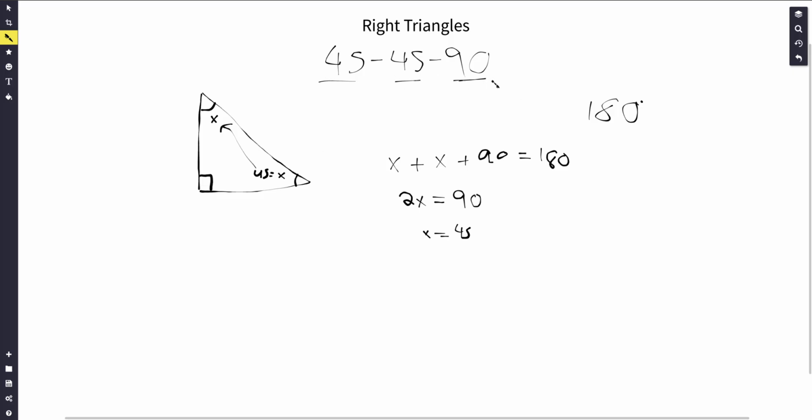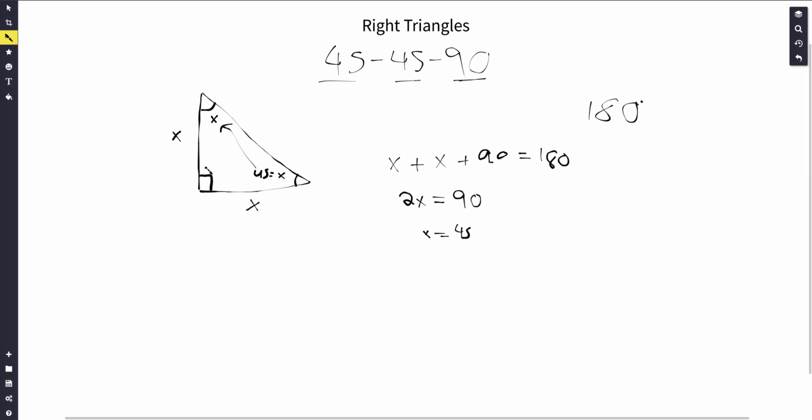And this triangle actually also has a special component besides both the angles being the same. Their sides are unique as well. So the two legs of the 45, 45, 90 triangle, the one across one of the 45s is going to be denoted as x. And the one across the other 45 is also going to be denoted as x.